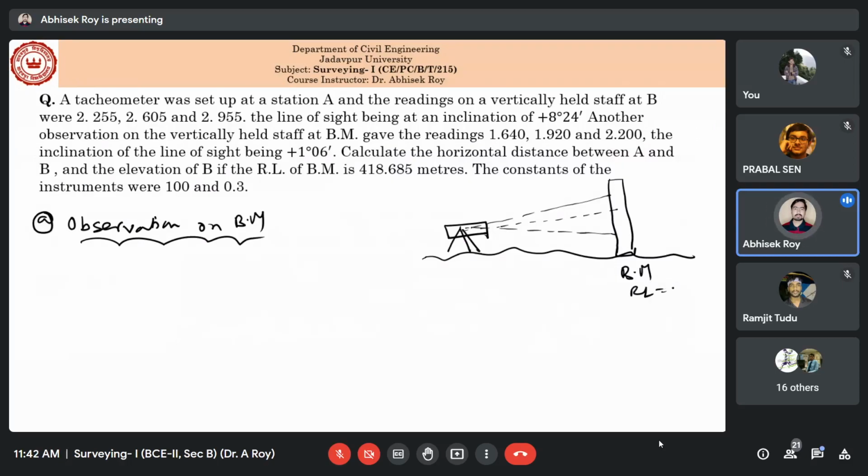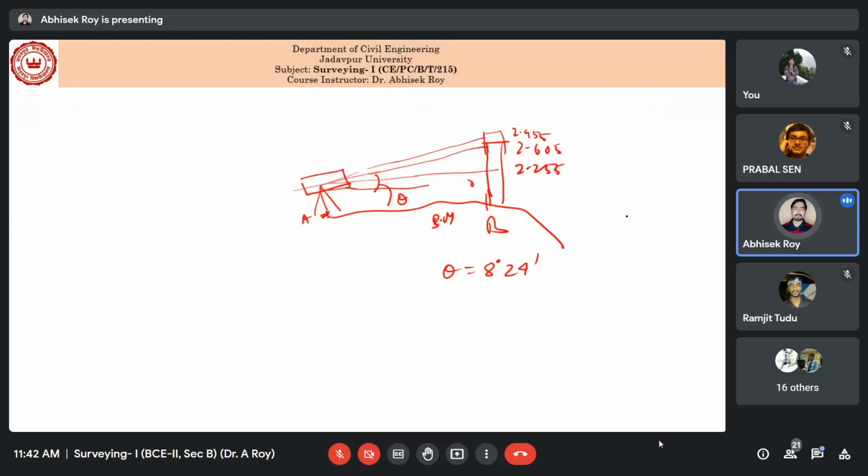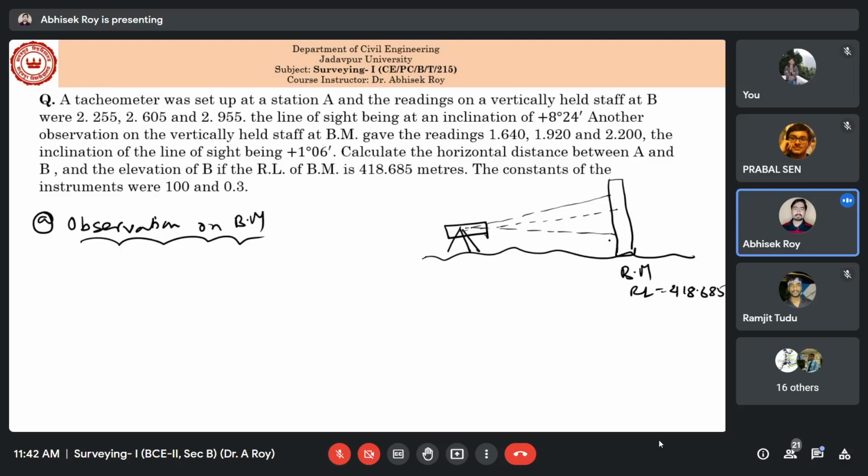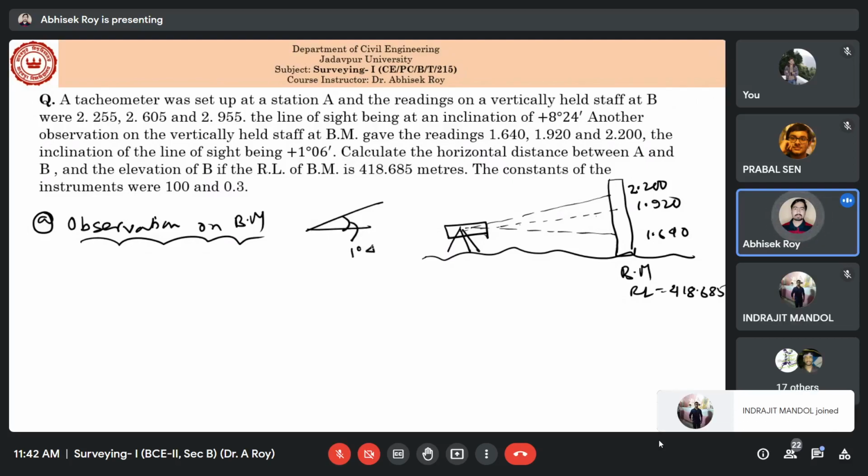The benchmark's RL is given, that is 418.685, and the lower stadia reading is 1.640, middle stadia is 1.920, and upper stadia is 2.200. Also the middle stadia, if you see, is at an angle with the horizontal of 1 degree 06 minute, plus 1 degree 06 minute.